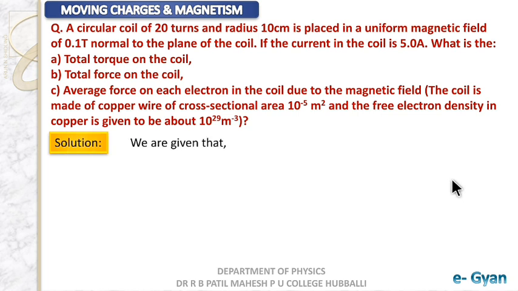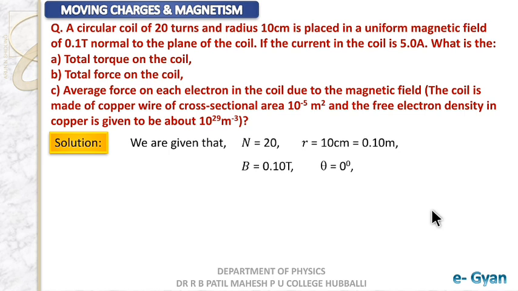Here the given quantities are N = 20, that is 20 turns. Then R equals 10 centimeters, converted to meters we get 0.1 meter. And the magnetic field is given to be 0.1 Tesla.